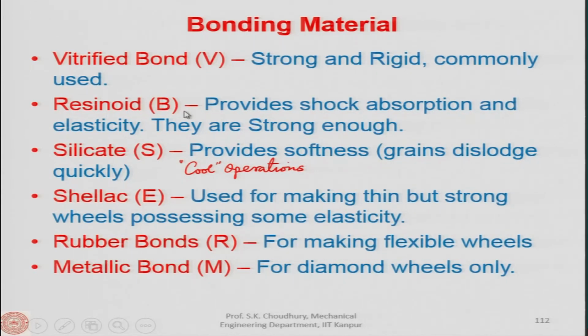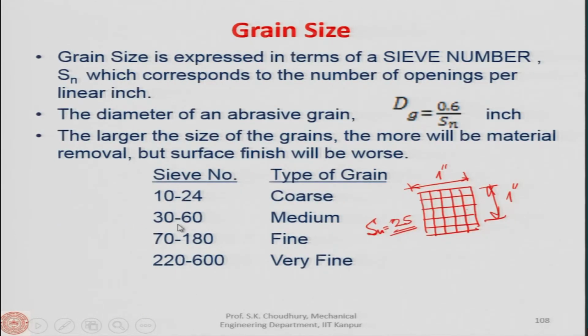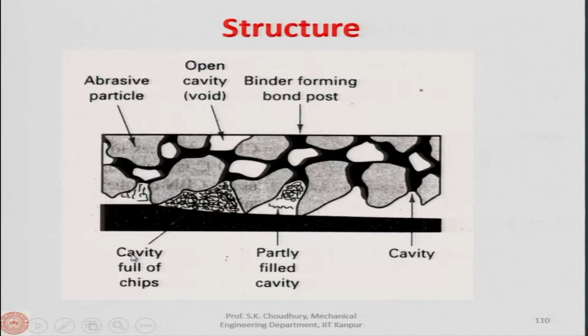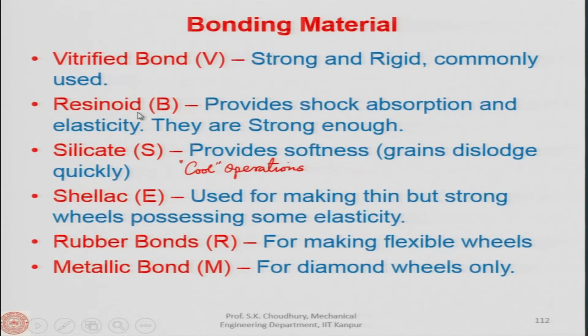Now, if you see, starting from the very beginning, we have the abrasive material. First, it is designated by a letter of the alphabet. Next is the grain size, designated by a number. Next is the grade, again by a letter, then structure by a number, and finally, the bonding material by a letter again.